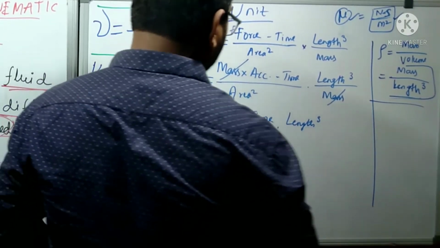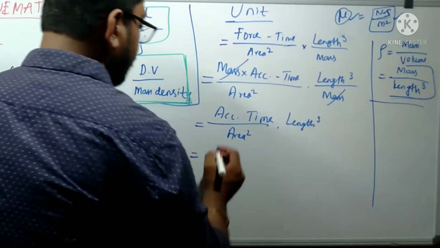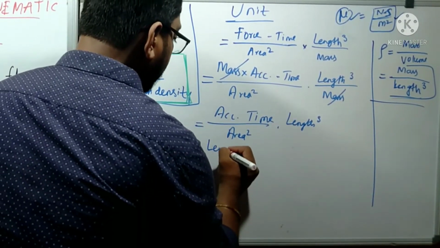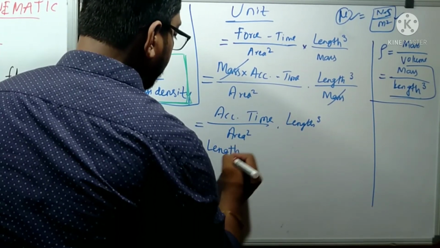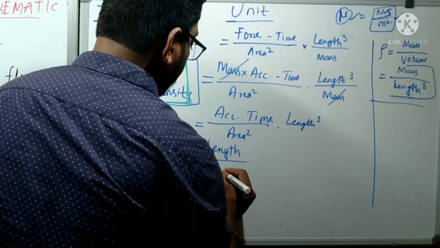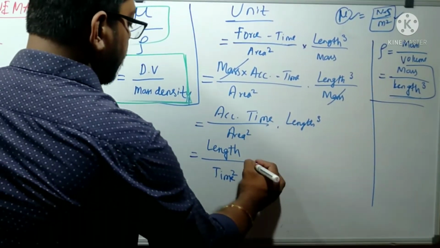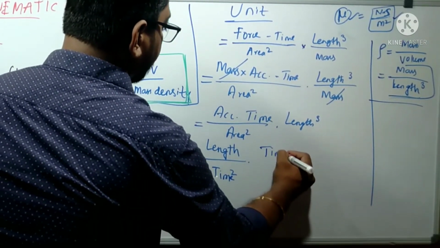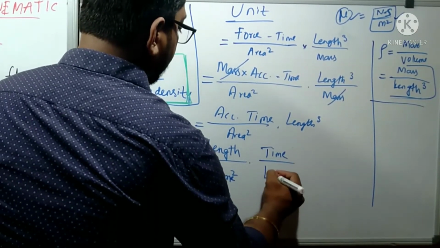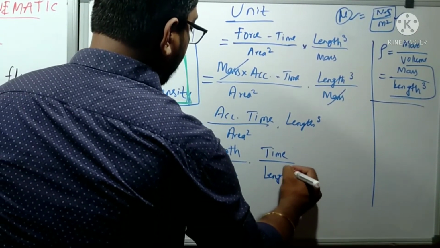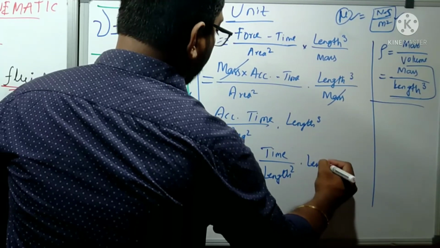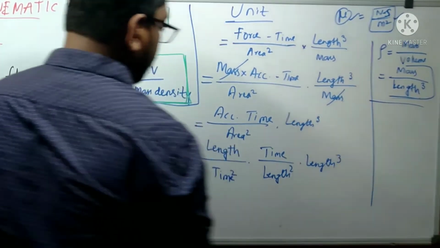Now what is acceleration? That is length per time square, into time. Area is length square, into length cube.